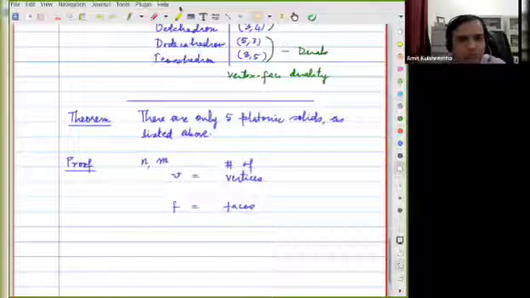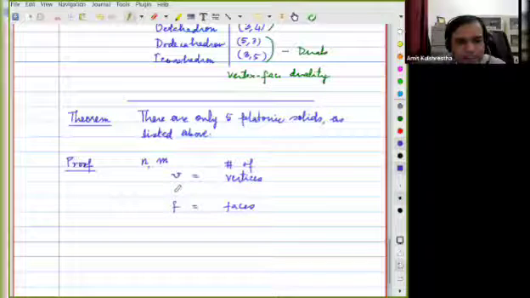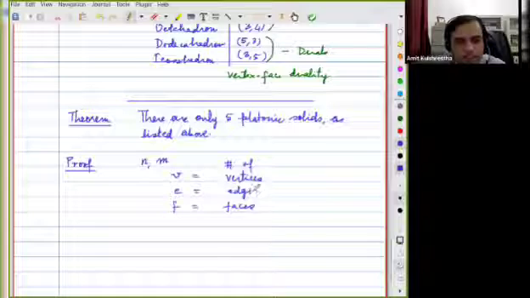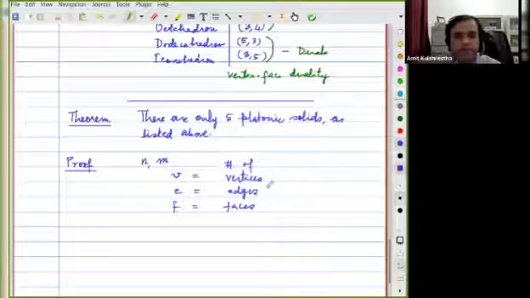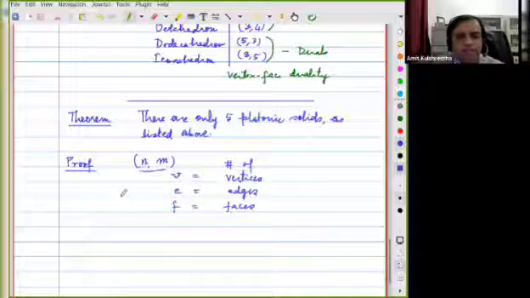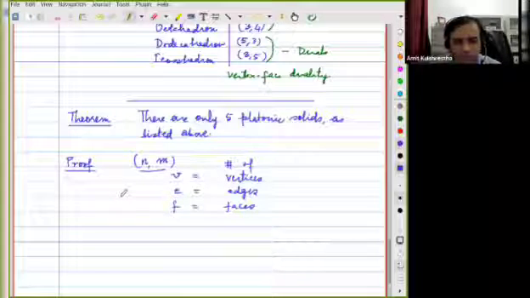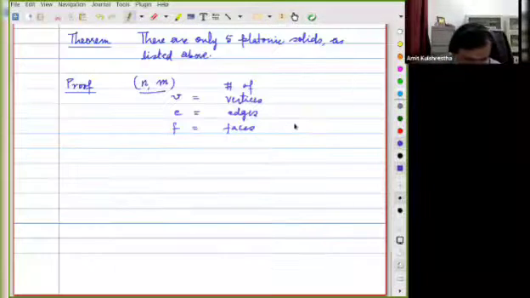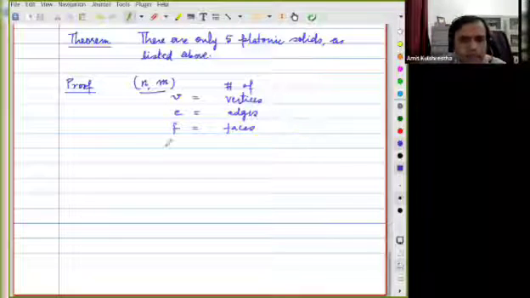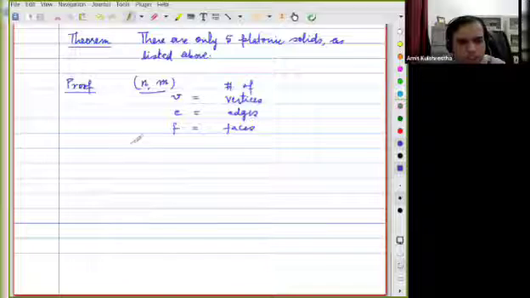I tend to keep the edges in second place. And NM is anyway the given Schlafli symbol. So we know what these numbers are, right? And here is the only observation which is required.